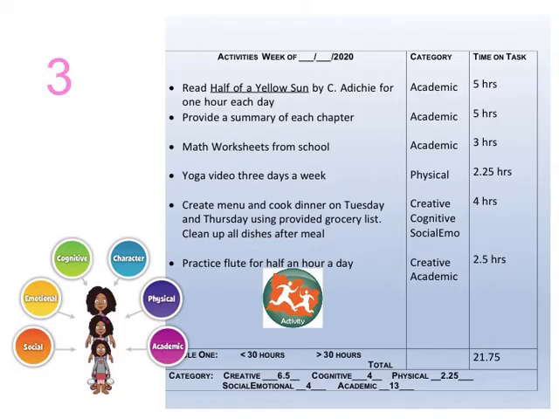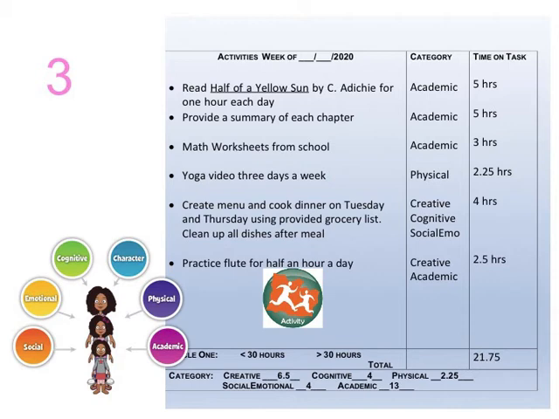Moving on to the activity section of the progress report, or section 3. You will see a list of activities Jaja completed for the week, very far left. In the middle column, you will see the type of activities she completed. Creative activities require her to use her imagination and some type of media or medium.